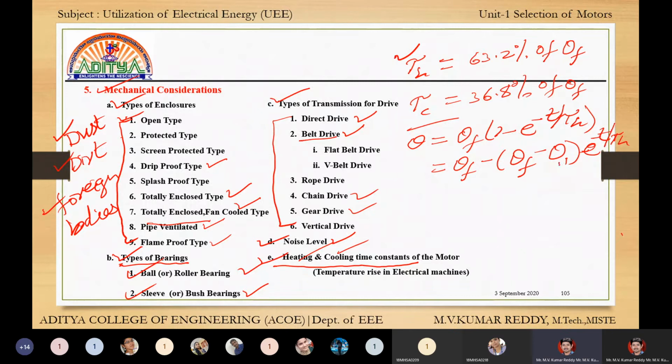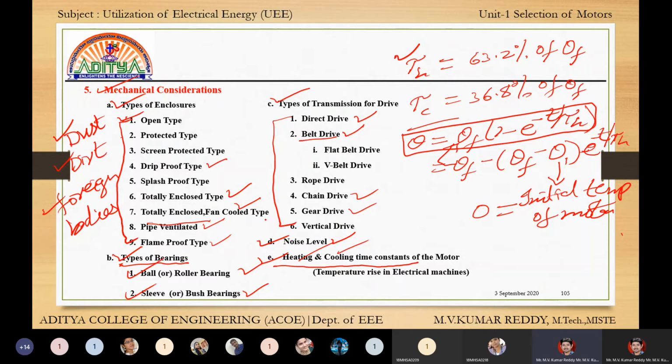Here theta 1 is the initial temperature of the motor. If the initial temperature of the motor starts from cooling, that is 0, then the above formula will be obtained. Generally this formula is taken.